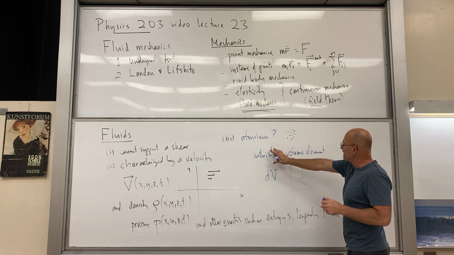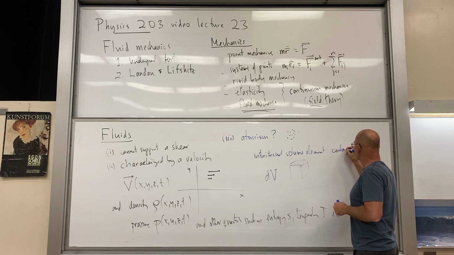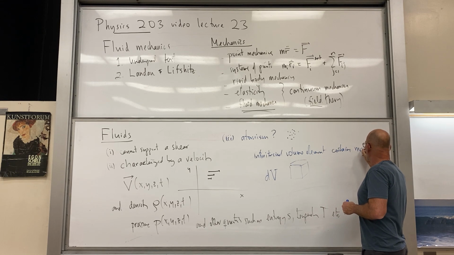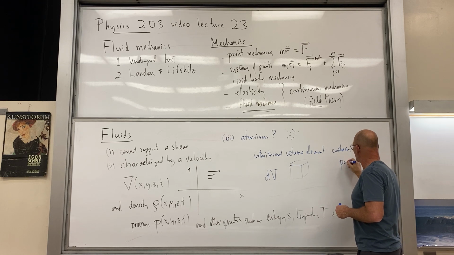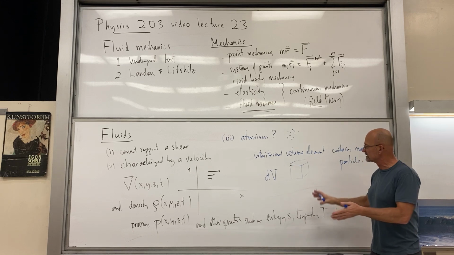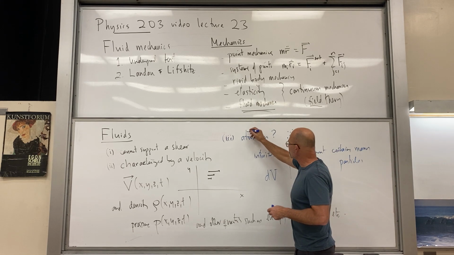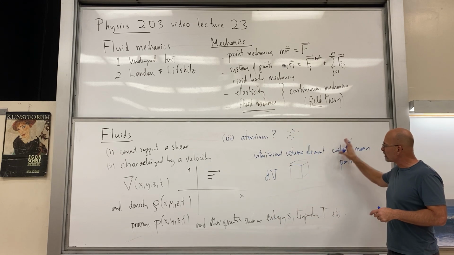So I'm just going to write the following: infinitesimal volume element contains many particles. From the standpoint of doing calculus, it's arbitrarily small. From the standpoint of the actual structure of matter, it has to contain many particles.